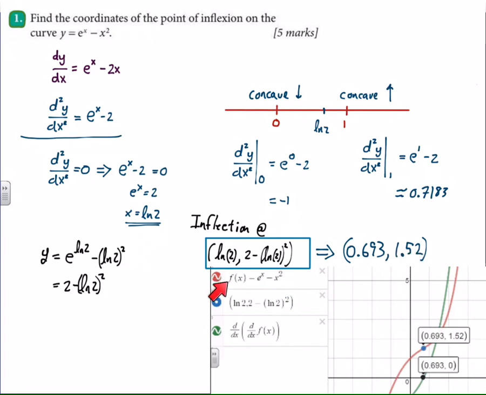Now, of course, the best way to check this would be to put the function into a graphing utility, and then you can graph the coordinates of the point that you found and verify that the second derivative crosses at that exact same spot. First of all, you can eyeball the inflection and show the concavity changing, but second of all, verifying that the second derivative does cross the x-axis here tells us that we do in fact have inflection.